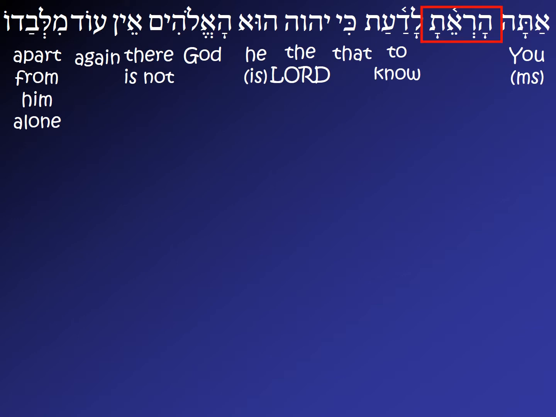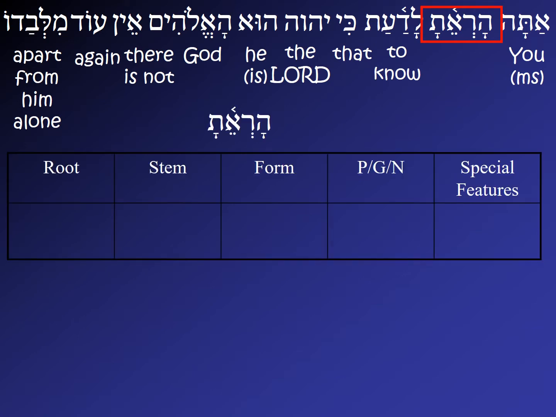This leaves us with our verb, horeta. Let's look at horeta. First thing you notice, of course, is this is a second masculine singular affix. So we can get that right away. Then, when we start thinking about the stem, you'll notice that you have a he preformative on the verb here. This will make us think hifil.